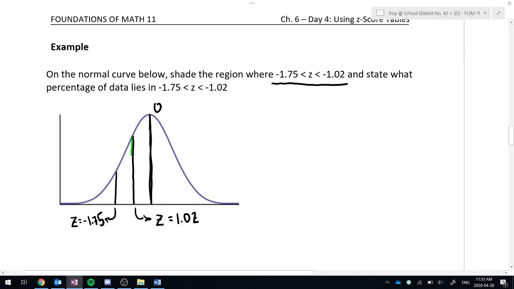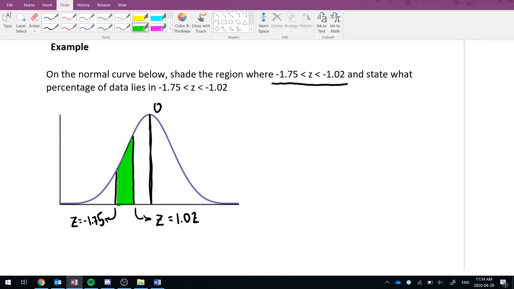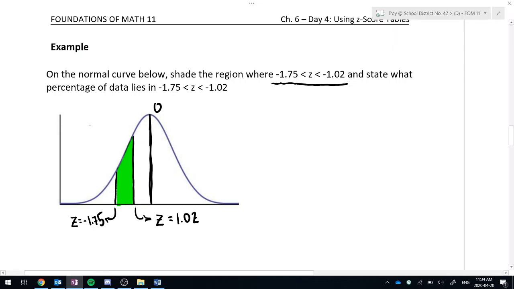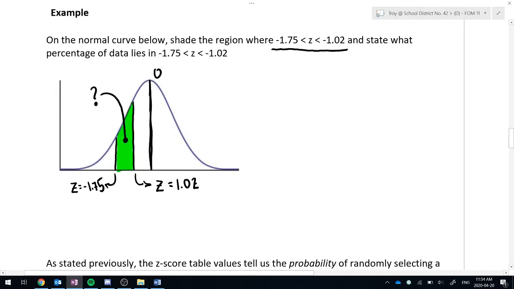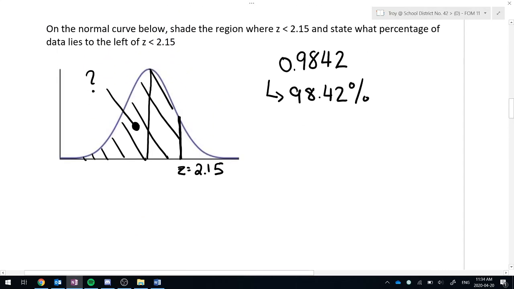And we want to know the area between those 2 points. So we're interested in this region right there, question mark, for that area. Okay, so a few differences between this question and the question we saw previously.